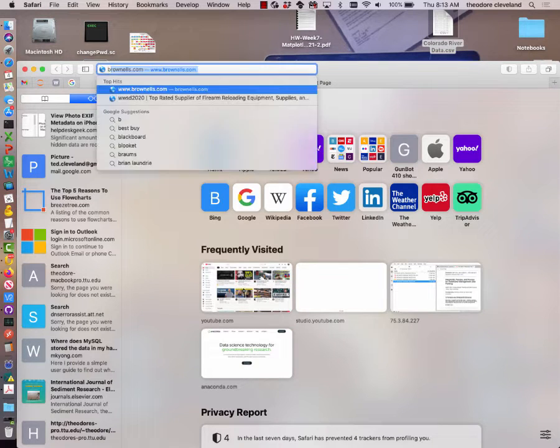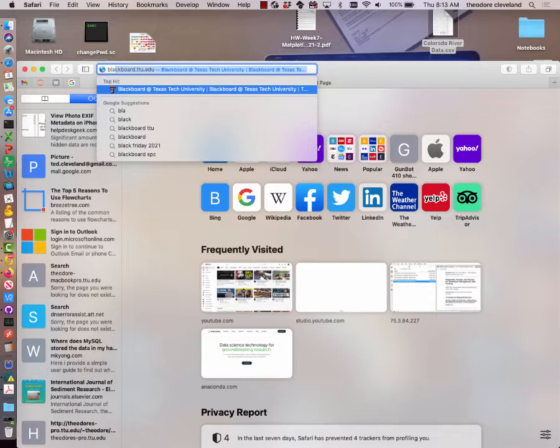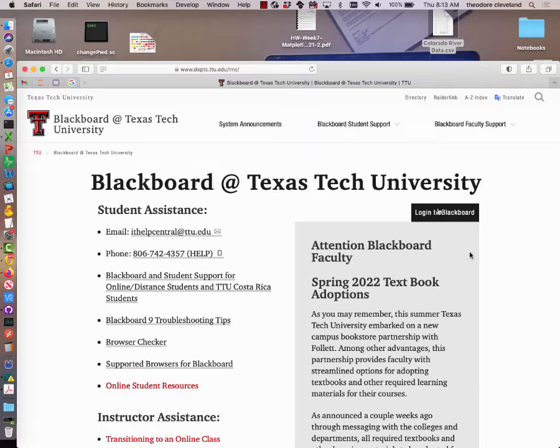So it's Blackboard, ttu.edu, hit the return, go to login, and it goes into sleep mode.